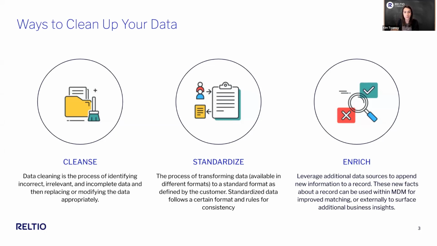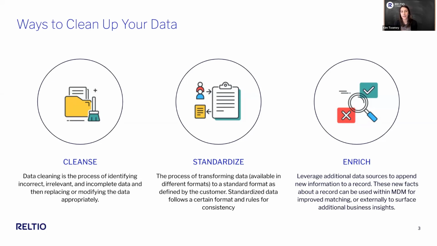Within Reltio, we have a few ways that we think about cleaning up that data. The first is cleansing. This is identifying incorrect, irrelevant, or incomplete data, and then replacing or modifying it where appropriate.